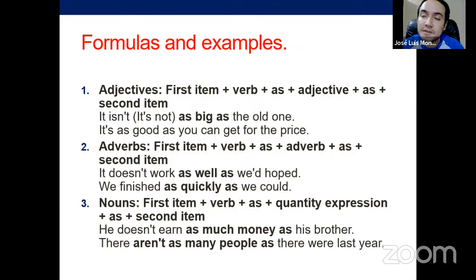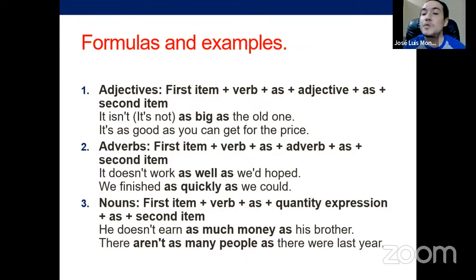Then adverbs, here you need action verbs. So you don't use the verb to be, you have to use an action verb. That's very important. So adverbs: first item plus verb plus as, adverb, as, plus second item. So it doesn't work as well as we'd hoped. We have another verb that is not the verb to be.